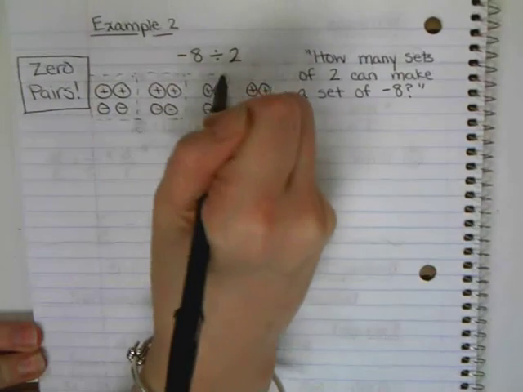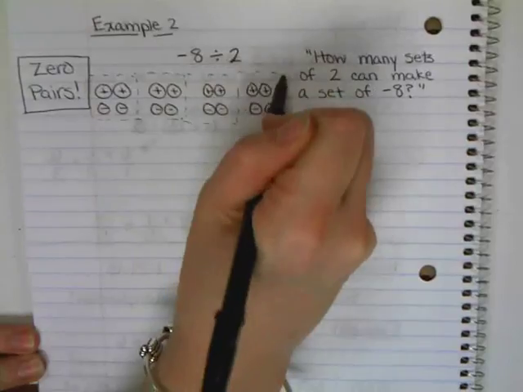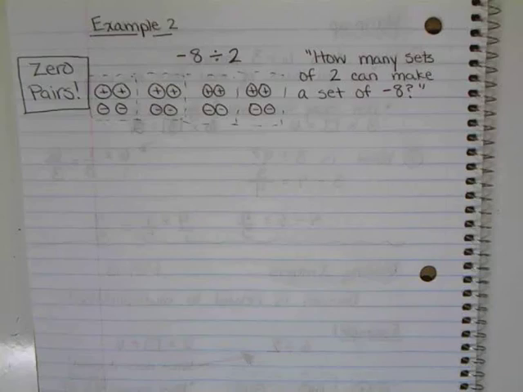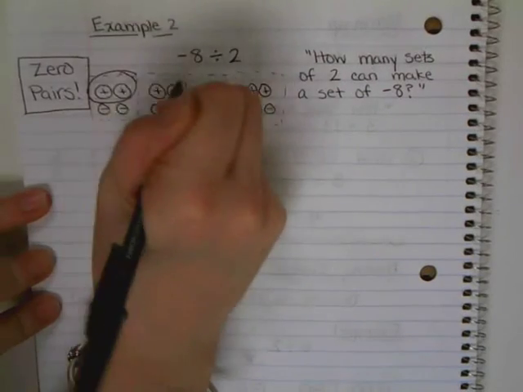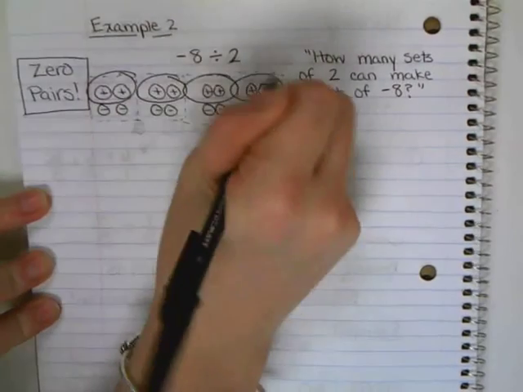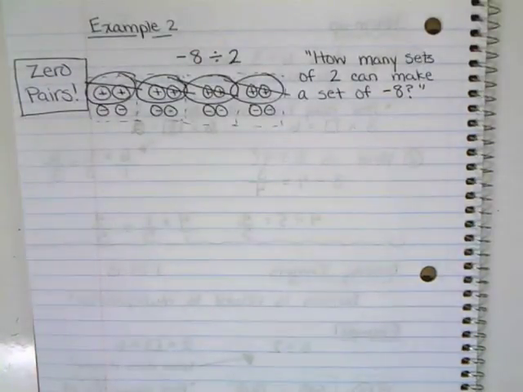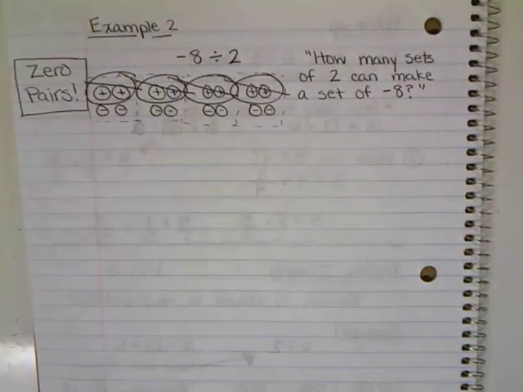But I only want what sign? The positives or the negatives? I only want the negatives. So I'm going to take away the what? Positive. I'm going to take these away.